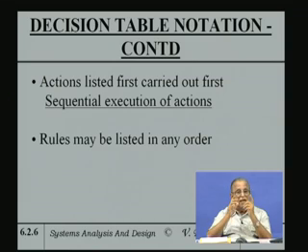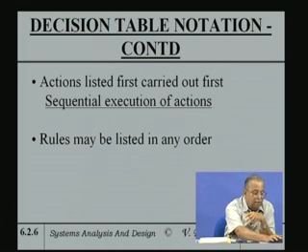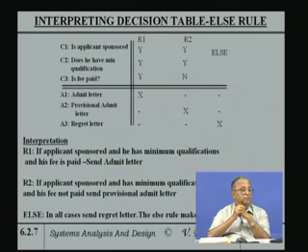So there is sequential execution of actions, and rules may be listed in any order, because conditions can also be listed in any order. You can change around the order of the rules, because ultimately where each rule occurs is irrelevant as far as the job is concerned.